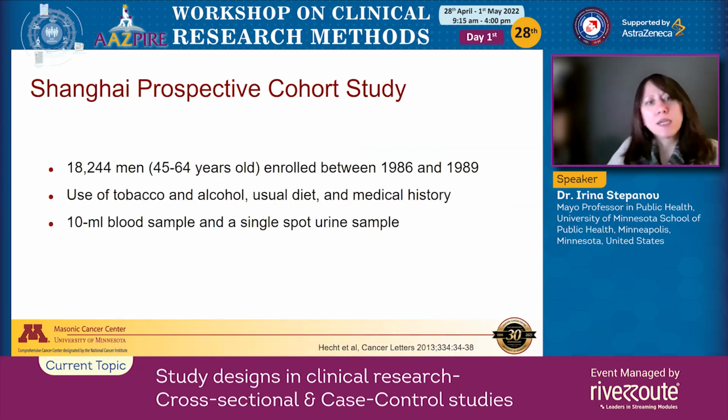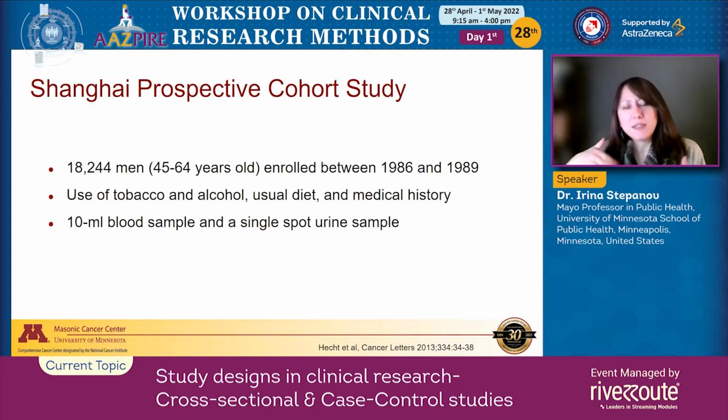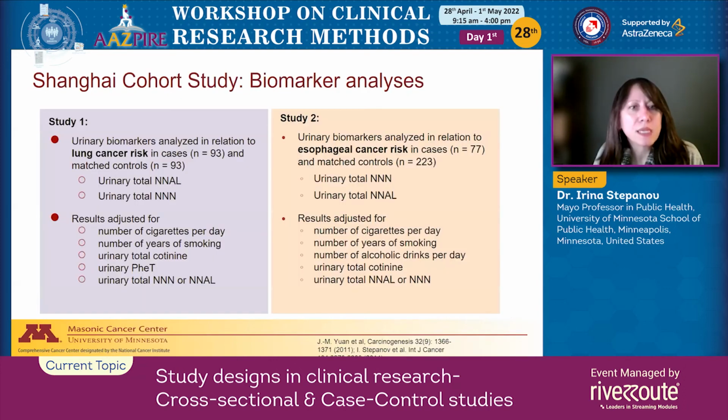We conducted this study by retrieving samples and data from the Shanghai Prospective Cohort Study, which had over 18,000 men that were enrolled between 1986 and 1989, and then followed over decades. We had information on the use of tobacco and alcohol, diet and medical history, but also had biological samples available from these participants.